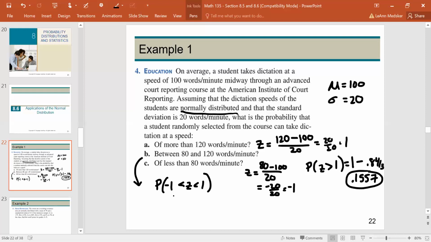So we're doing, what's the probability that we are between negative 1 and 1? We have to look up both of these, and then we subtract the bigger probability minus the smaller probability. So if we look at the number 1, that is 0.8413 in the chart. And then negative 1 is 0.1587.